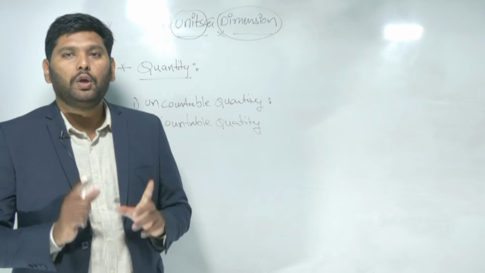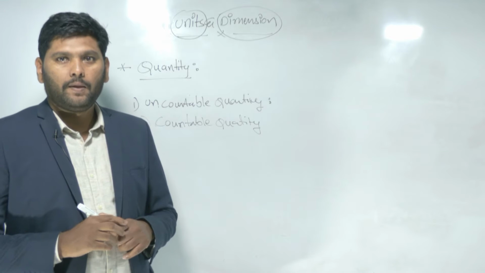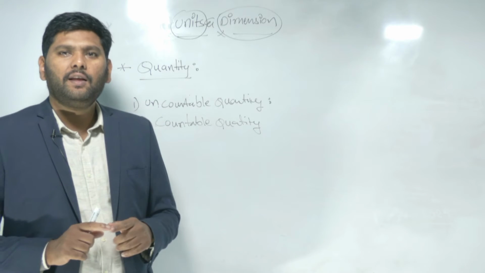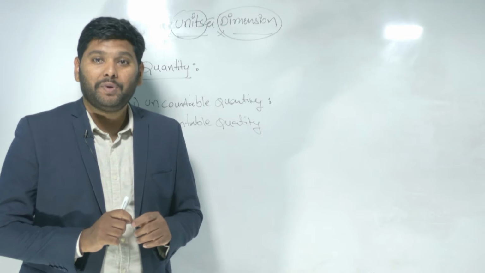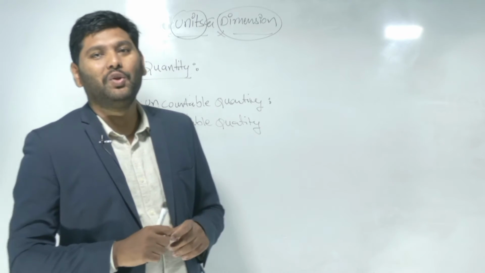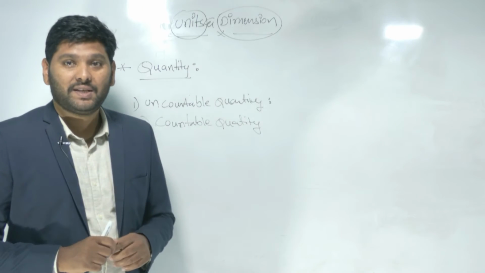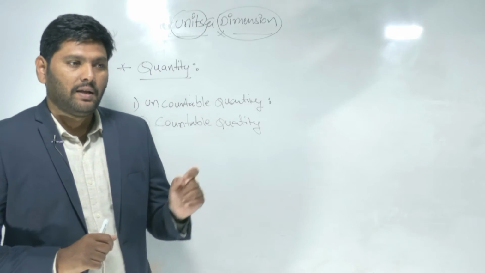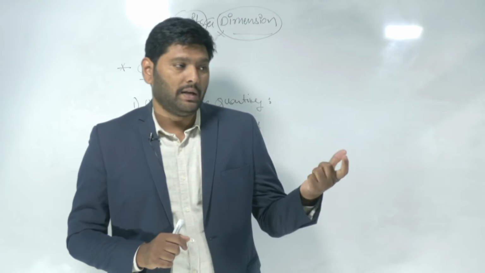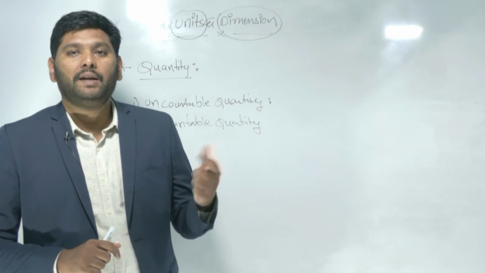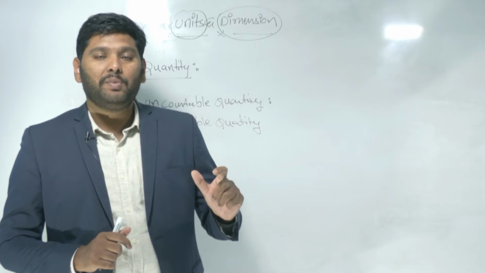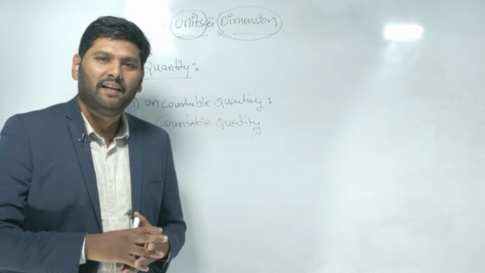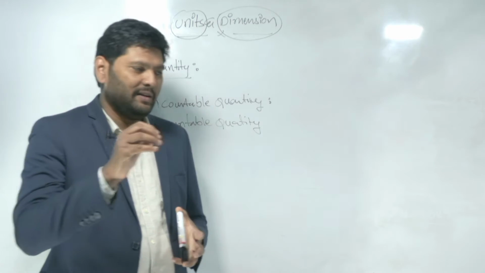For example, human emotions. To measure human emotions, do we have any instrument? We don't have any instrument to measure human emotions. For example, angriness, or the affection between mother and child. How can you measure the affection between mother and child?